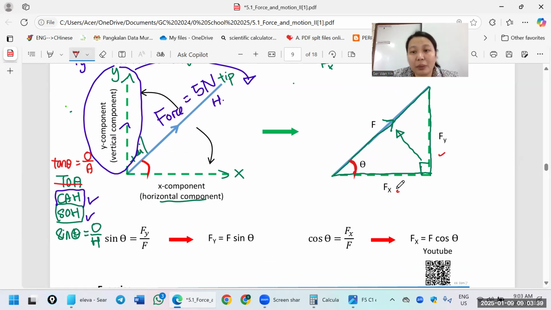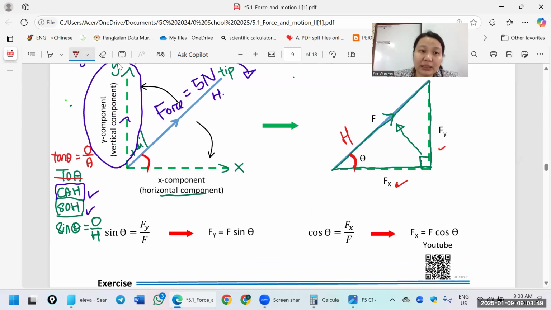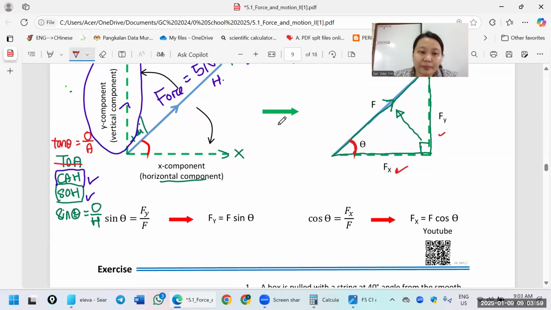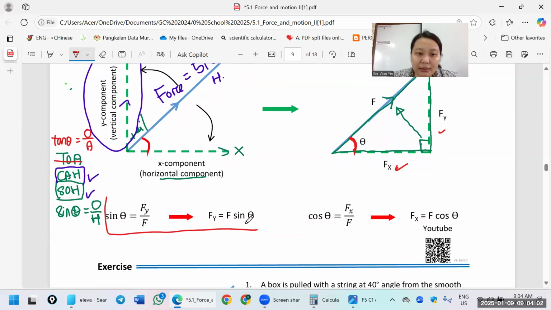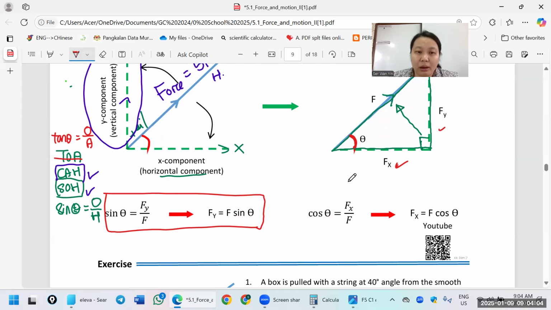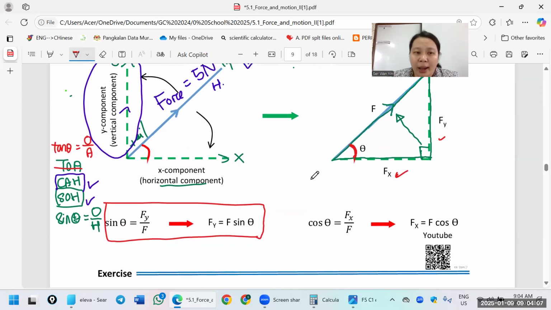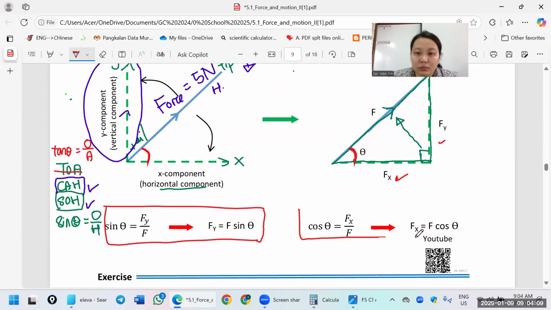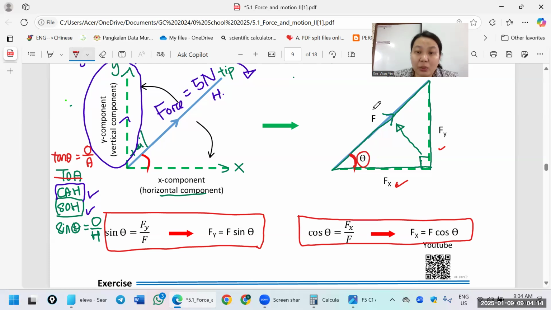We don't know anything about Fx, Fy, but we do know F here is the hypotenuse. The original force is the hypotenuse. That's why we can now do this, since we have one theta and one force.